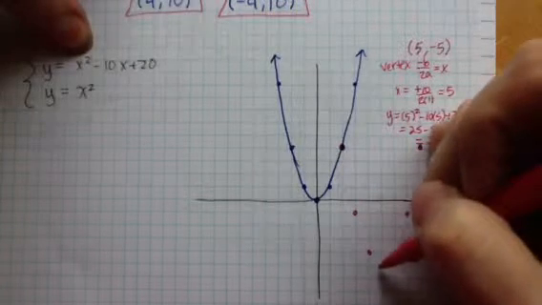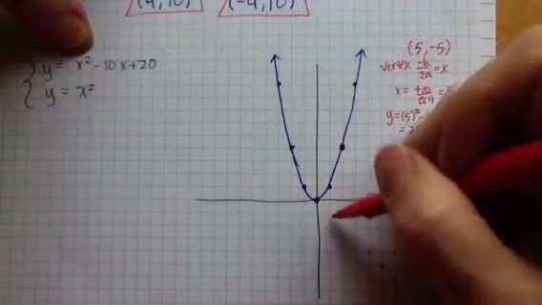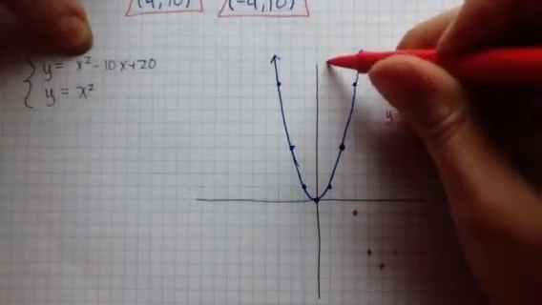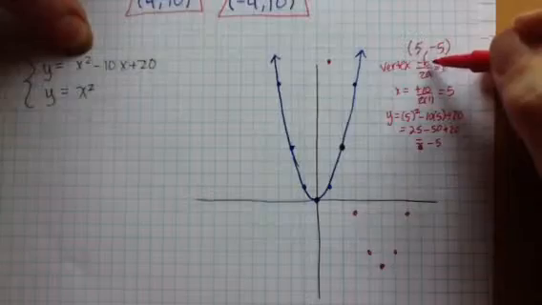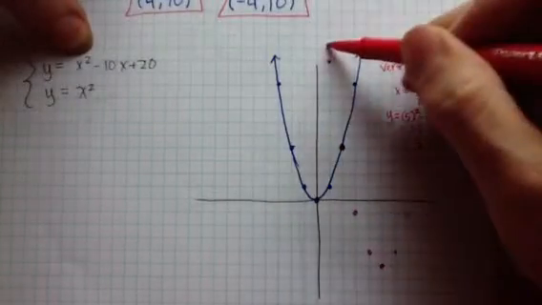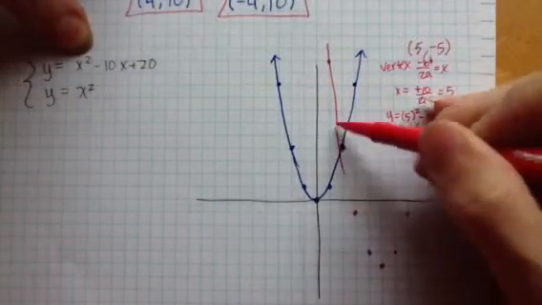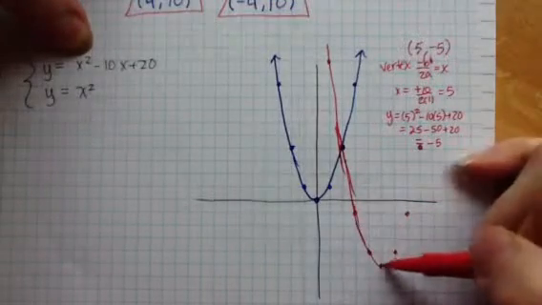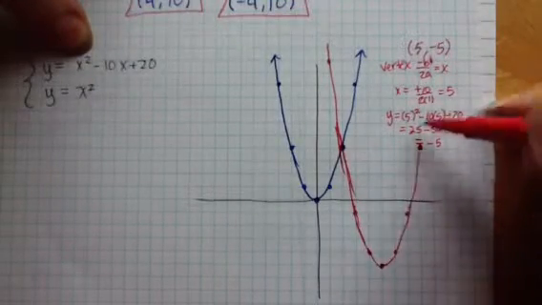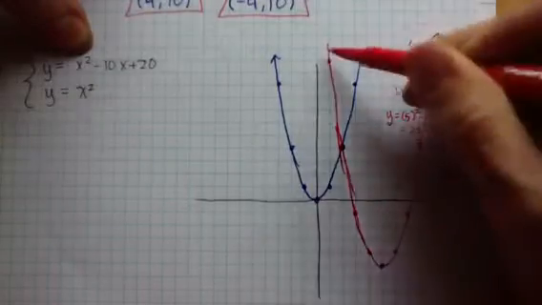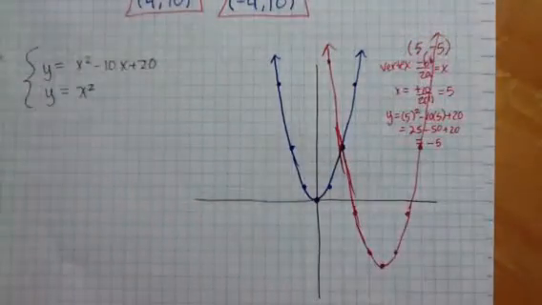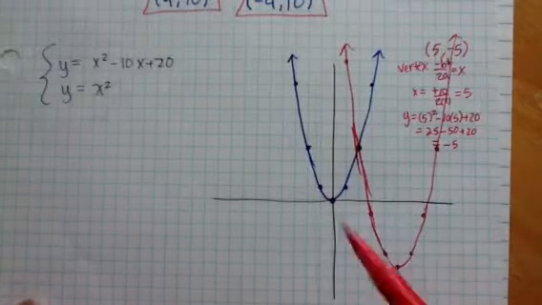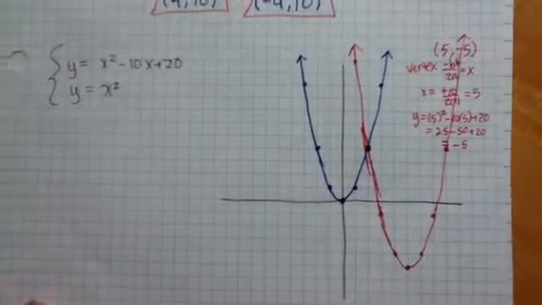I might just go one more, over 4 and up 16. And graph that parabola. That's kind of a sketchy parabola. Okay, so it looks like this system of equations is only going to have one solution.